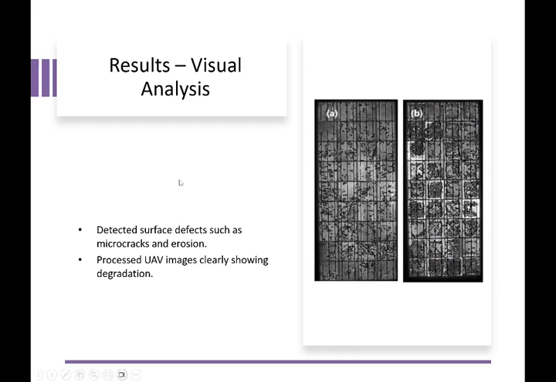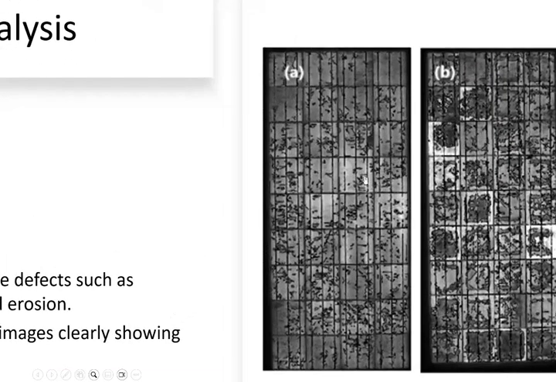Okay, results and visuals. You can see here in the plates the detected scratches. These black dots are the scratches, and these are the damages. The dense area you are seeing, this plate is basically very much damaged.